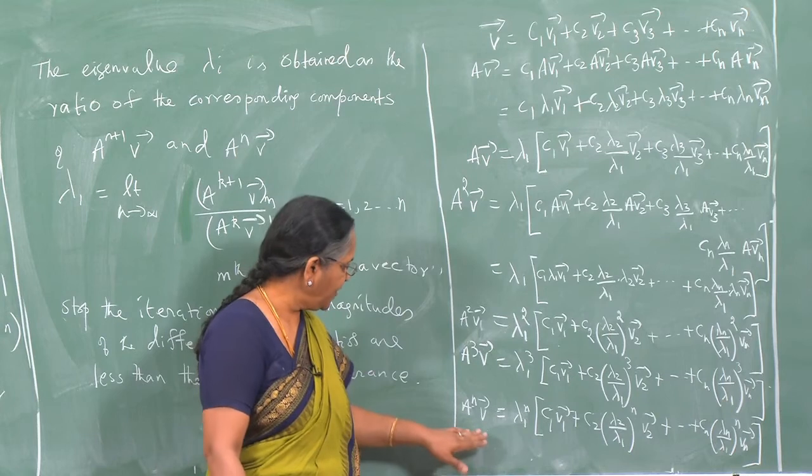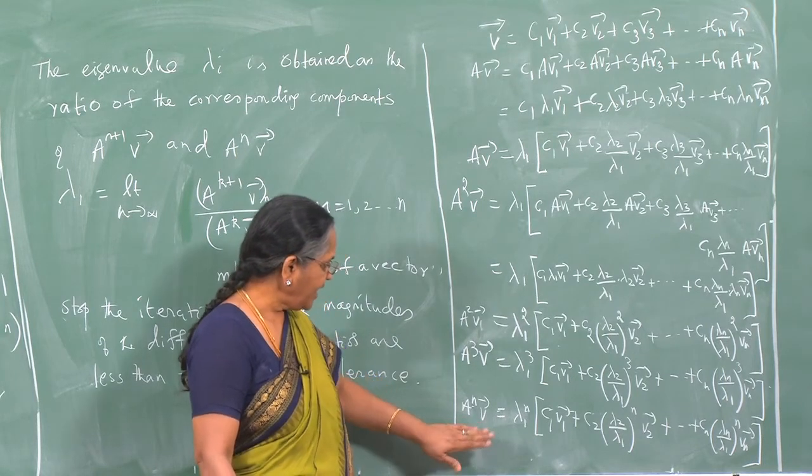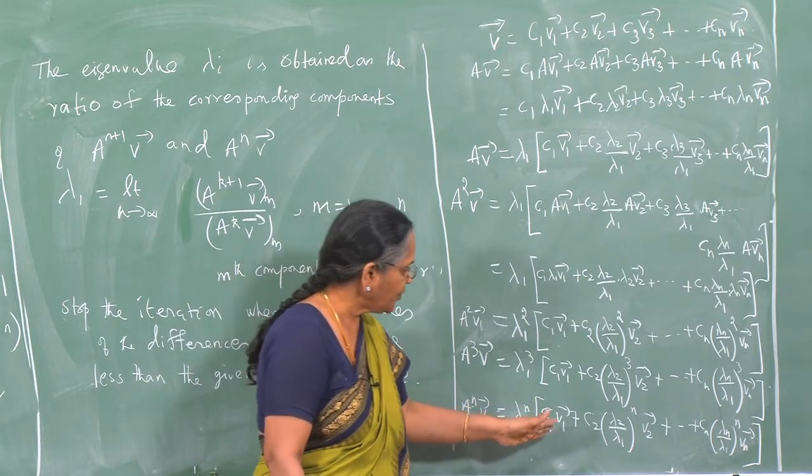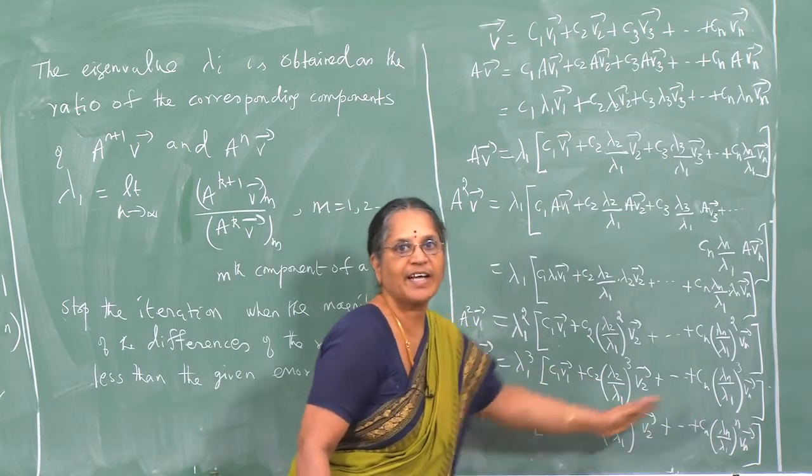So, at the end of n steps we have A power n V given by lambda 1 power n into this sum of vectors.